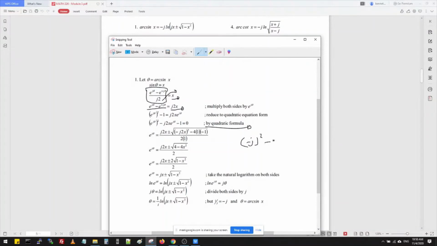So, this will become negative 1. So, times 4. So, that is 4x squared. Then, we have 4 times negative 1 times negative. So, that is positive 4. Okay? So, this is positive 4 minus 4x squared. Okay? Then, over 2.